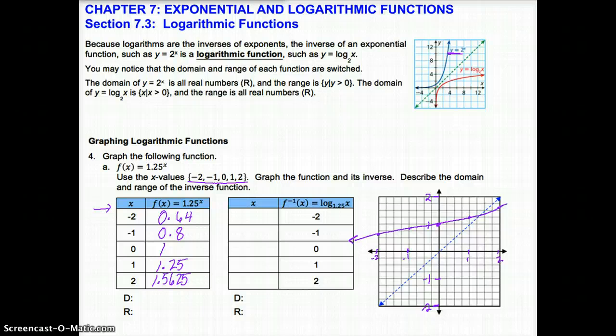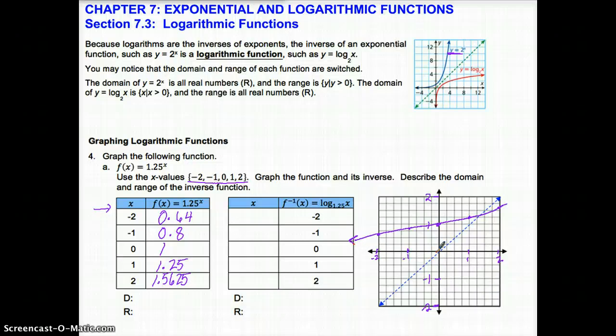So if we graph those points, we can see that we've got an exponential curve, and as we move to the left on this graph, or as our x values get smaller and smaller, we will approach the x-axis, which is our asymptote. So it won't cross the x-axis, but it will get closer and closer.